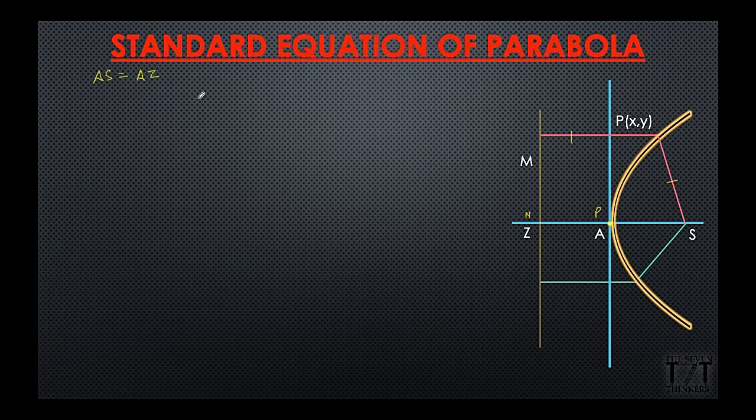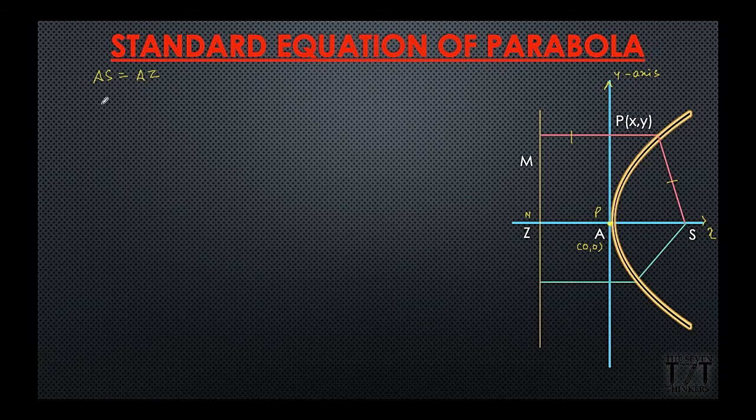What we assume in the standard equation of a parabola is, this is our y-axis and this SZ is the x-axis, and so the point A is (0, 0), and this parabola we are getting is actually the parabola with the axis as the x-axis and with the vertex as point A. So what do we assume?